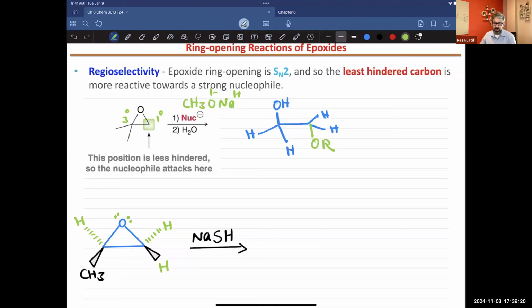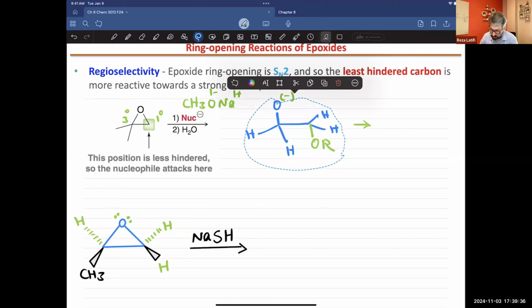Clearly the first step is not going to be alcohol. The first step is technically this compound with a negative charge, but it's going to absorb one H from the solvent, and it will turn to alcohol.